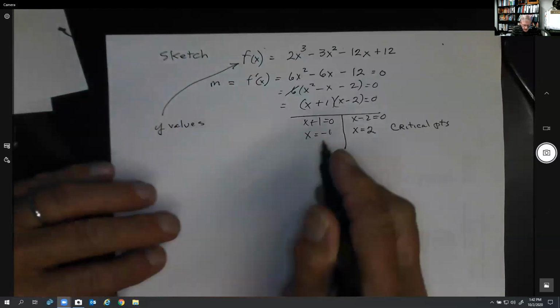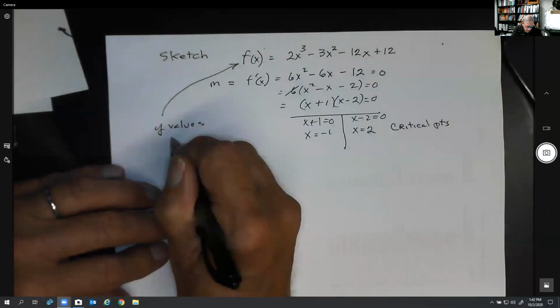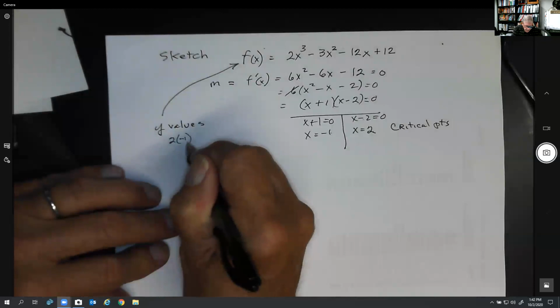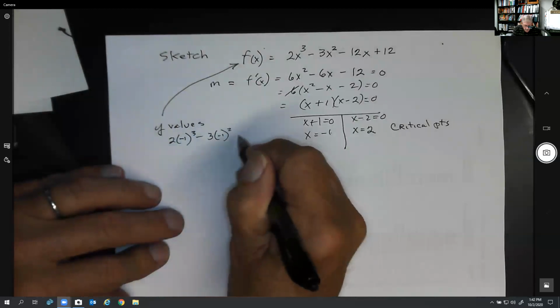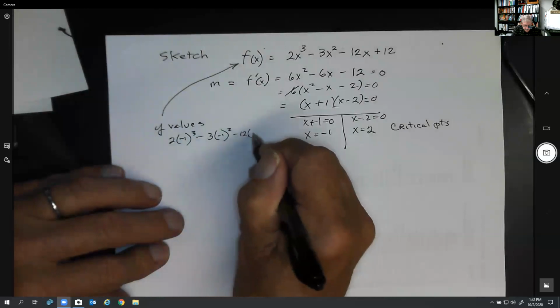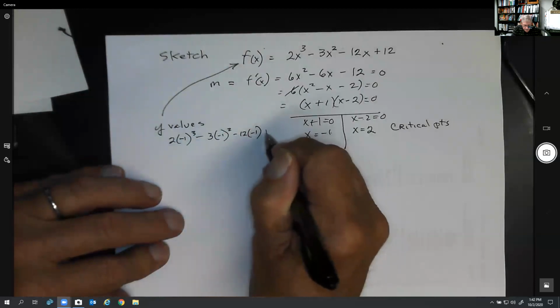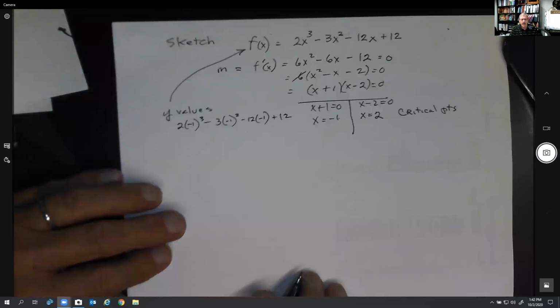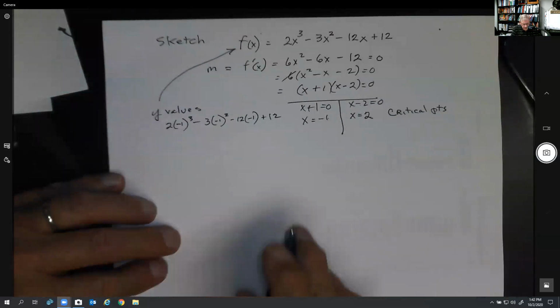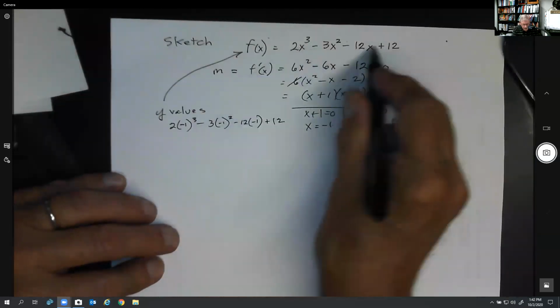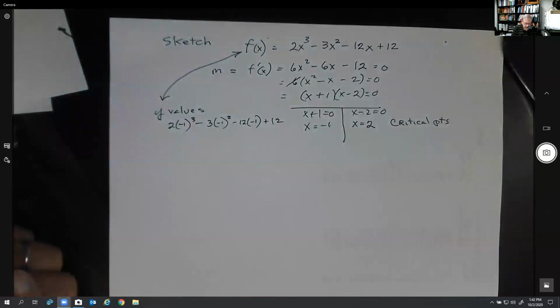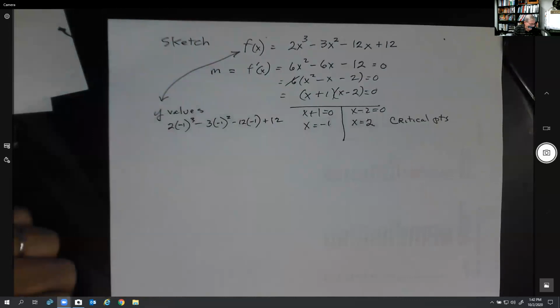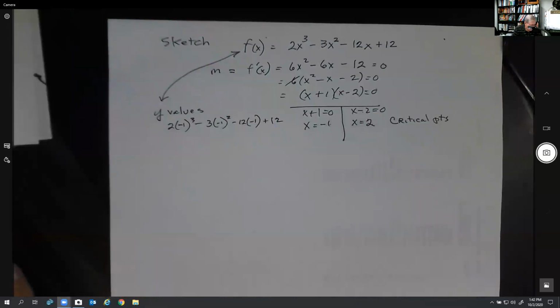So I'm putting in negative 1, not into the first derivative, into the original problem. Very important. And this will give us our y value for negative 1, and we can just calculate that out.